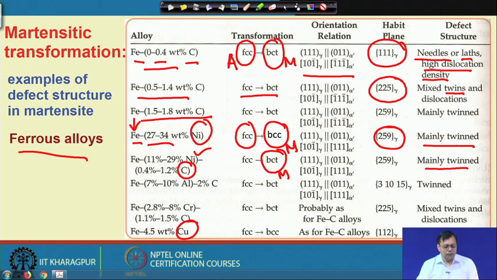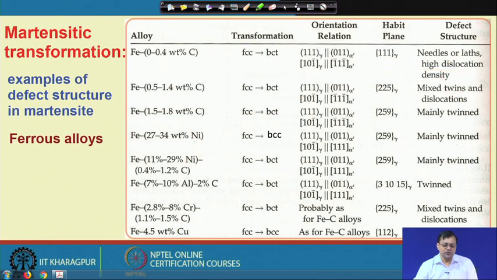So, we learned basically that in most of the ferrous alloys, even though twinning may form, those are not so dominating in the invariant strain in this martensitic transformation.